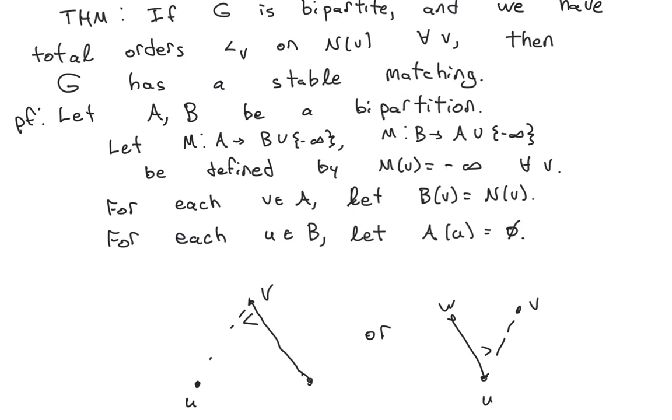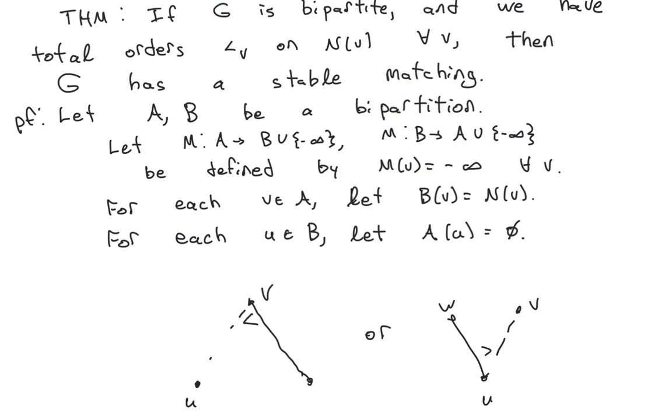We're going to do this proof in stages, so there's some setting up we have to do. We're going to let A and B be the partition. I'm going to use M of A, M from A to B, and M from B to A, to be functions that correspond to the matchings. If U is matched to W, then I define M of U to be W and M of W to be U. When vertices are not matched, I'm going to let the other endpoint be negative infinity.